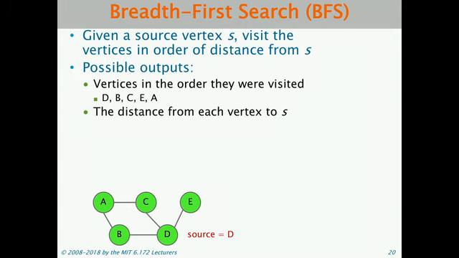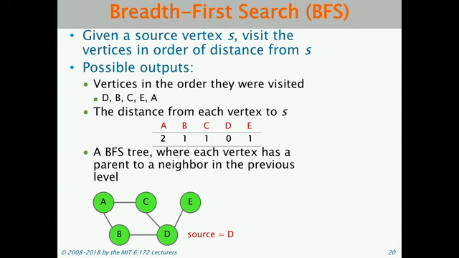Another possible output that we might care about is we might want to report the distance from each vertex to the source vertex S. So in this example, here are the distances. D has a distance of 0, B, C, and E all have a distance of 1, and A has a distance of 2. We might also want to generate a breadth-first search tree where each vertex in the tree has a parent which is a neighbor in the previous level of the breadth-first search, or in other words, the parent should have a distance of 1 less than that vertex itself.